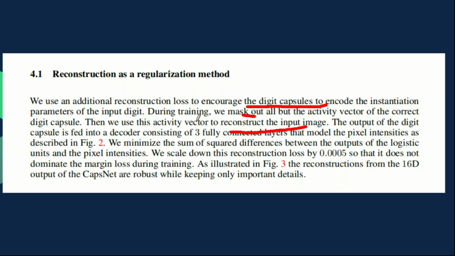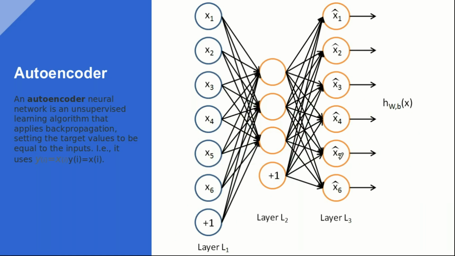So if you are unfamiliar with what a decoder does, bear with me, we are going to get back to it in just a couple of minutes. And then the minimization of squared differences has been performed between the outputs of logistic units and the pixel intensities. And then the reconstruction loss has been scaled down by 0.0005 so that it does not dominate the margin loss during training.